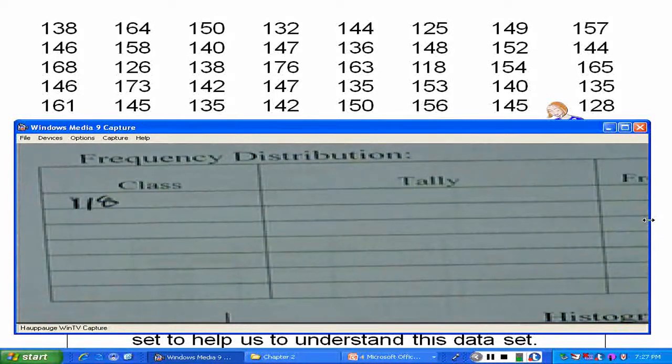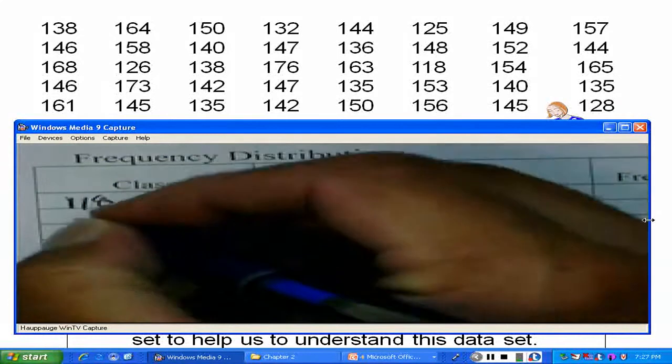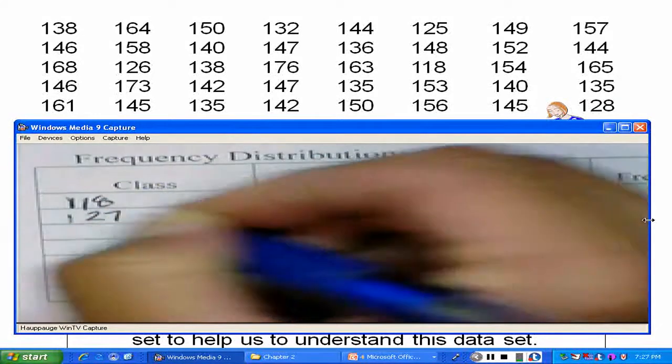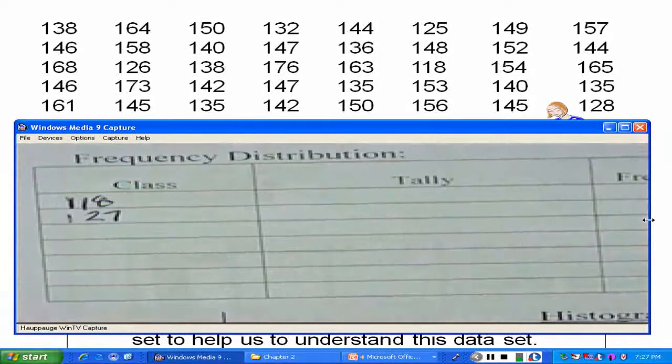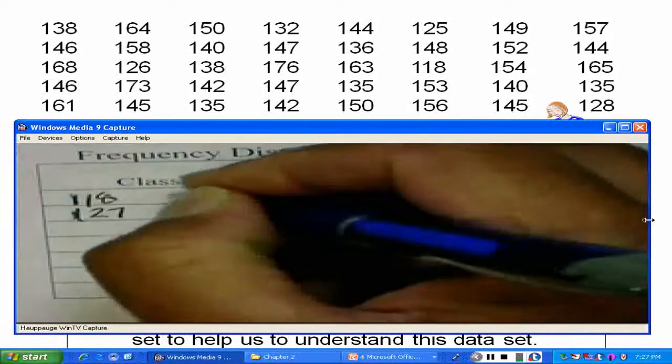And that's the thing. Remember, you want to get lower limits first. Forget about upper limits. What's the next lower limit? 127. So you added what to 118 to get that? You added 9, right? So you took 118 plus 9, and you got 127. And I'm putting it here, not there. Okay? See how I'm putting it down here, not right here.